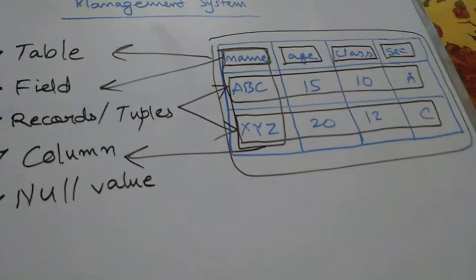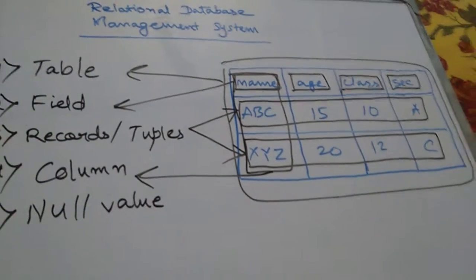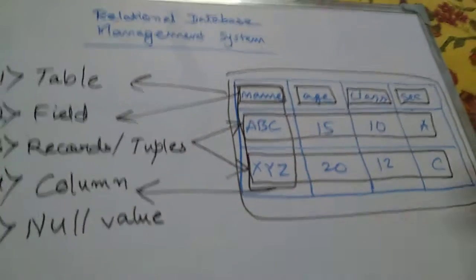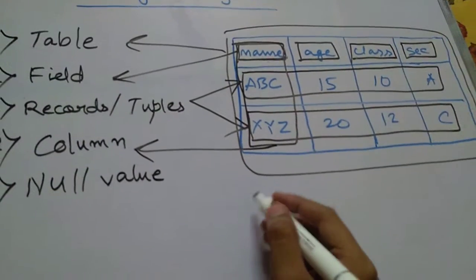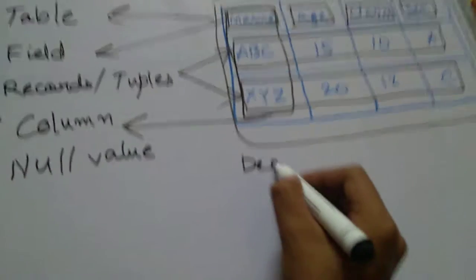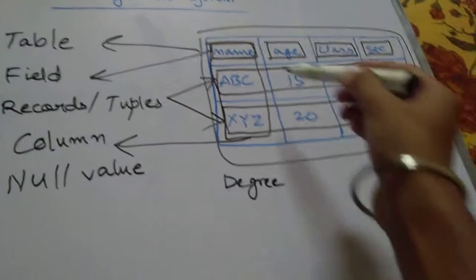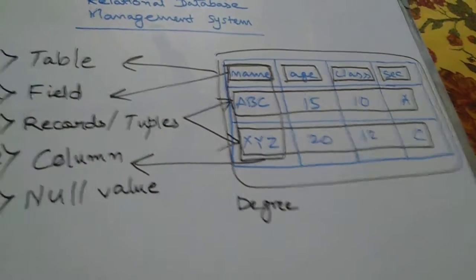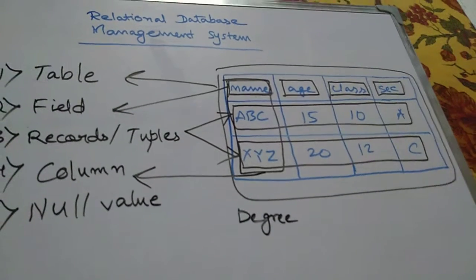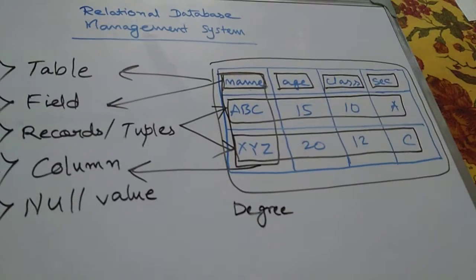Null value. In this table, there is no field which has null value. Now, if I add another column named, let's say, degree. Okay, now since these two students are still in school, they will not have any degree like BTech or MBA or MCA.